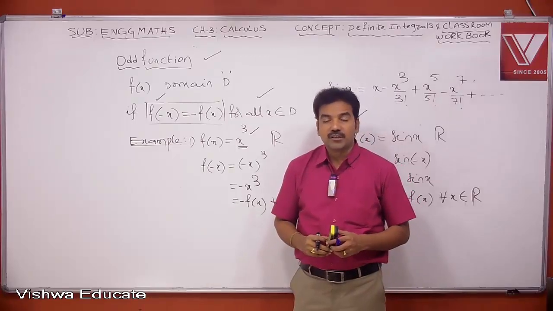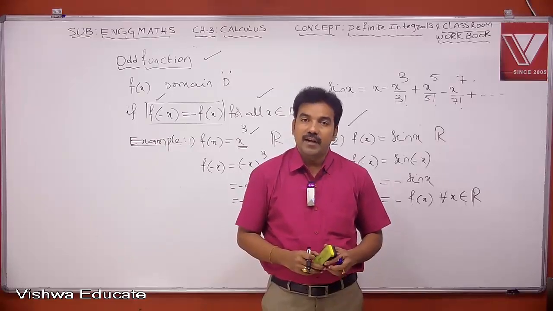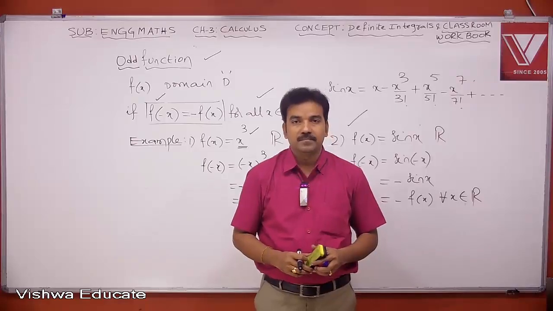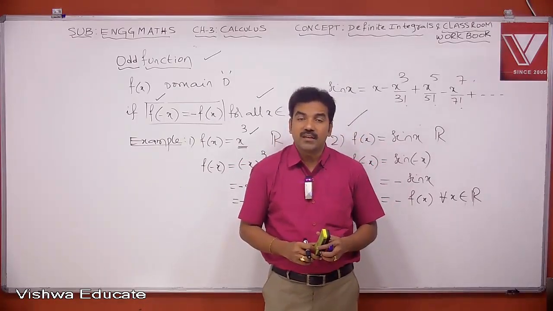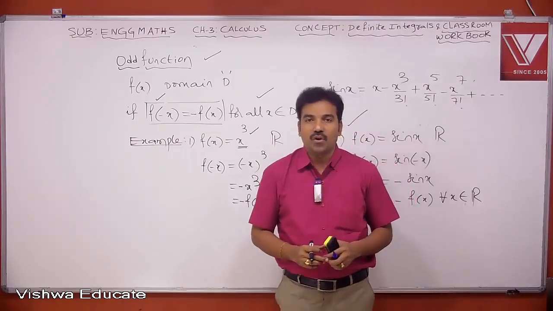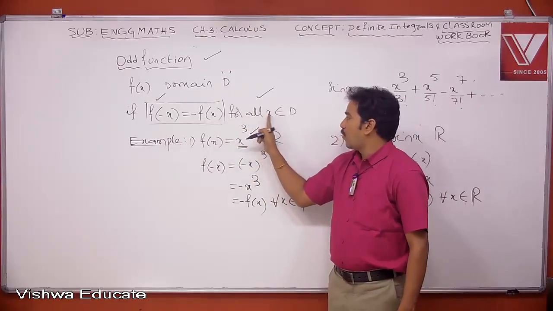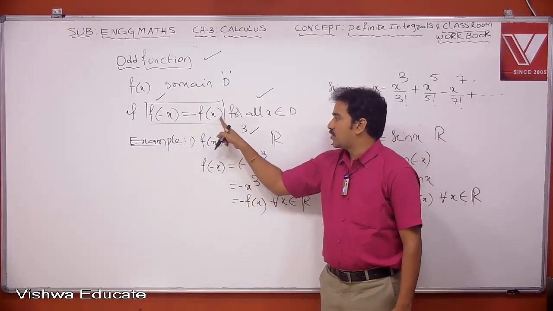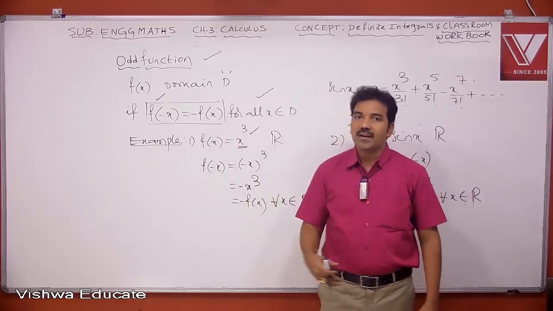Let f of x be a function defined over a domain capital D. We say that f of x is odd if f of minus x equal to minus f of x for all x belong to D. Now note down example 1 and example 2.